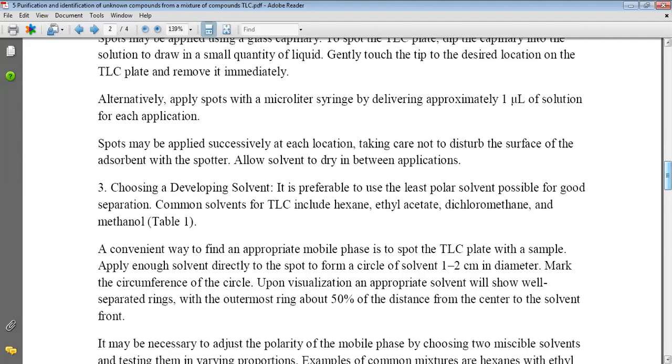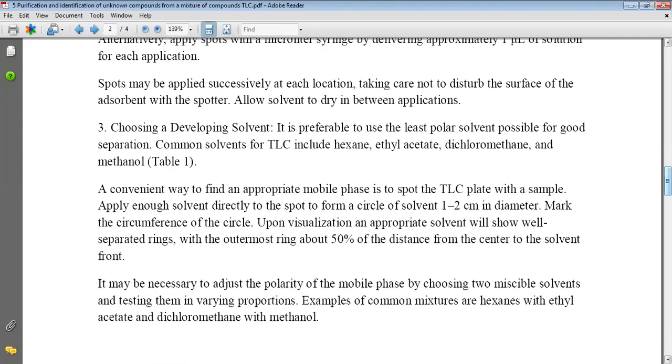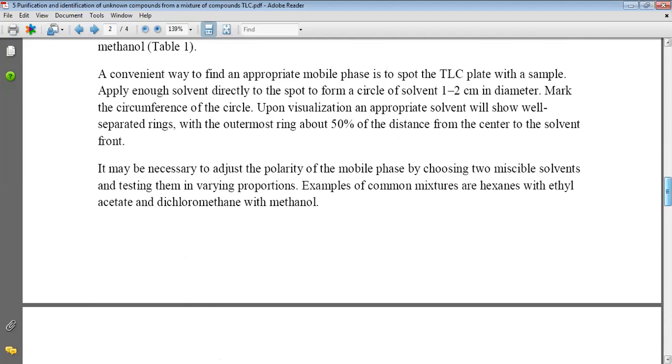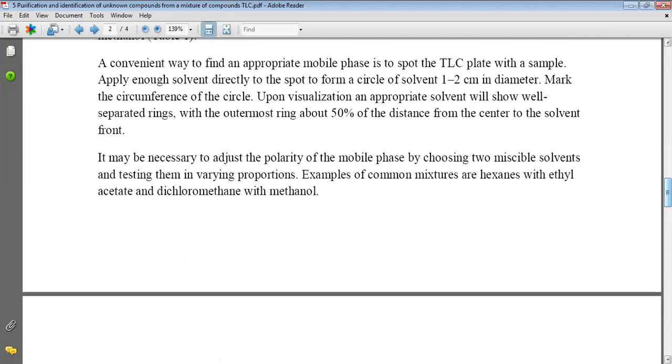Then spot it again and choose the development solvent and add it in the chamber. An convenient way to find an appropriate mobile phase is to spot the TLC plate with the sample.